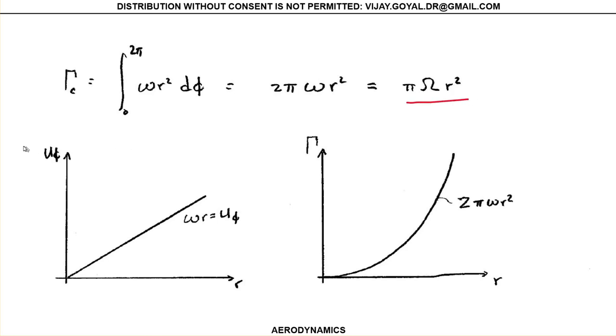So this is how your velocity with respect to the radial position goes. It is zero in the center, and it moves like this to your maximum radius A. Okay, and that's going to give you your maximum possible velocity u phi. Now, this is the velocity that's linear, but your circulation is actually quadratic in its nature.